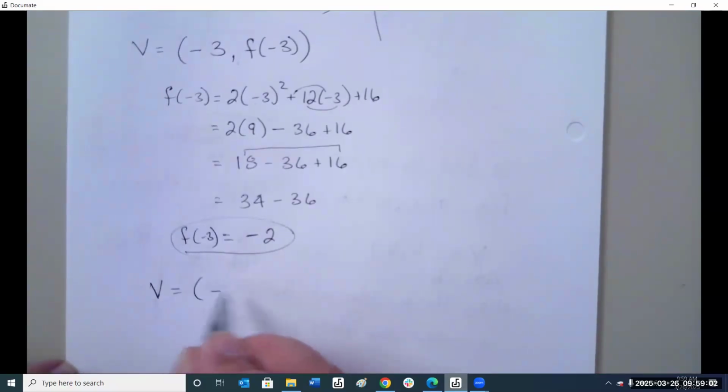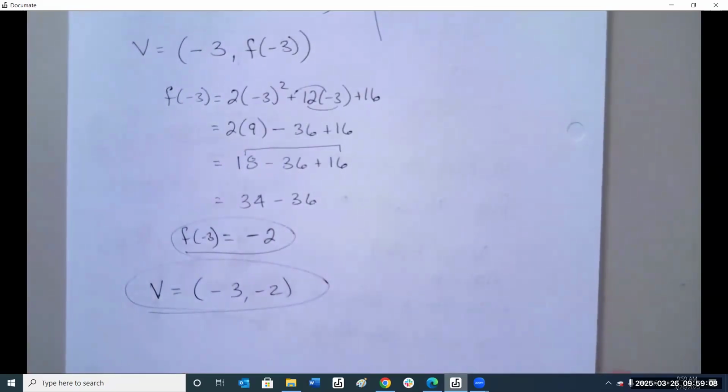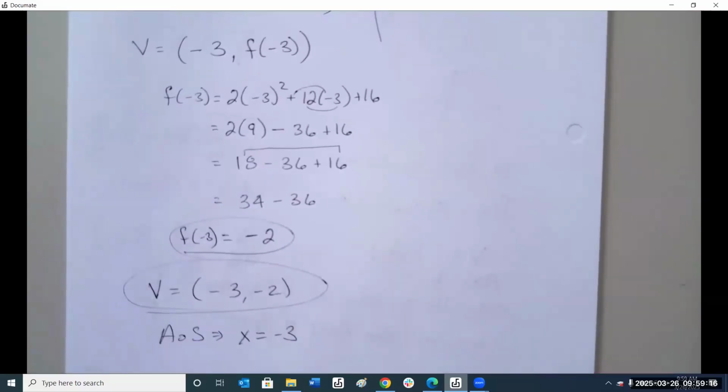So my vertex is at (-3, -2), and the axis of symmetry is on the line x equals -3.